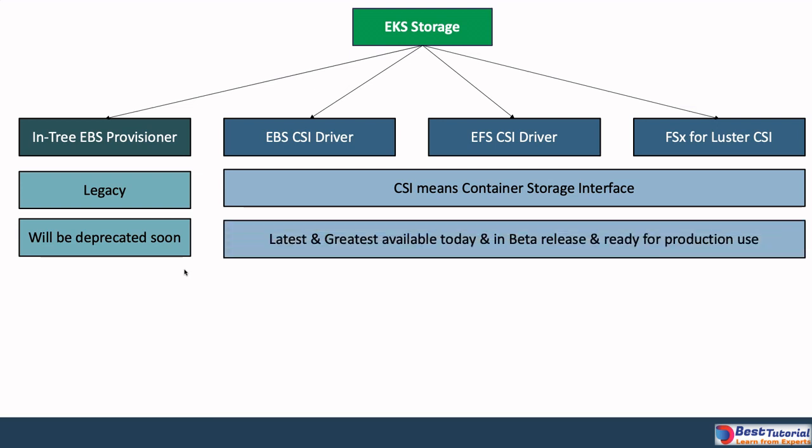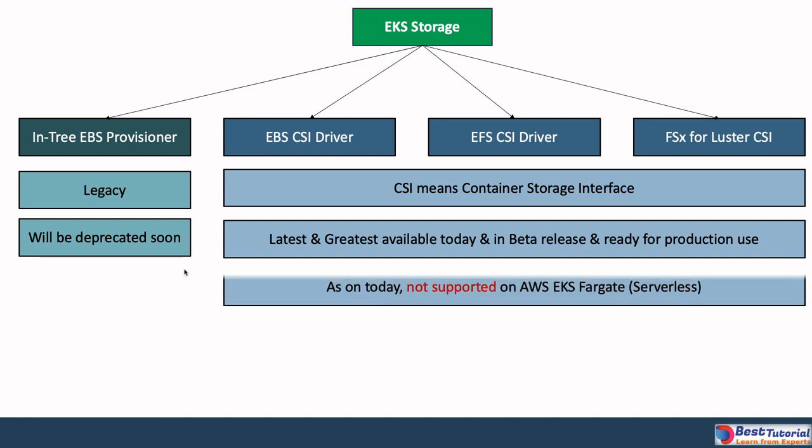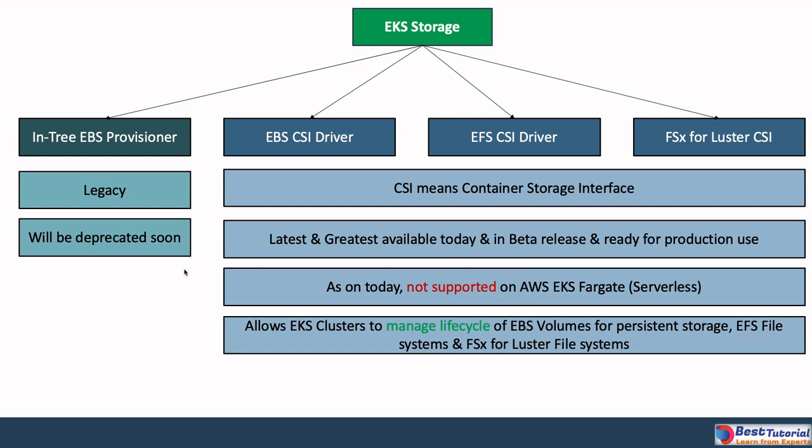But let's see a little bit about these drivers. These are the latest and greatest available today, and they are in beta releases, but they are also ready for production use. As of today, these drivers are not supported on AWS EKS Fargate, which is serverless infrastructure. They allow EKS clusters to manage the lifecycle of EBS volumes for persistent storage, or EFS file systems, and FSx for Lustre file systems.